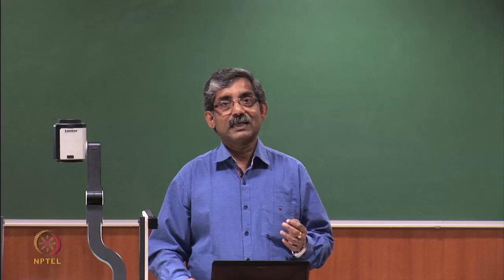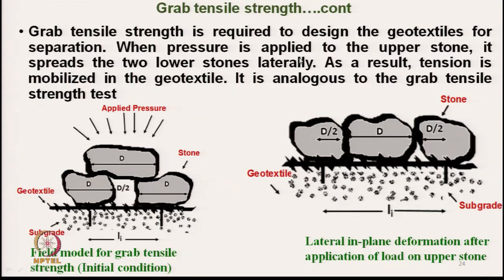The grab tensile strength is required to design the geotextile for separation. So, this is for separation purpose here. When pressure is applied to the upper stone, it spreads the two lower stones laterally.